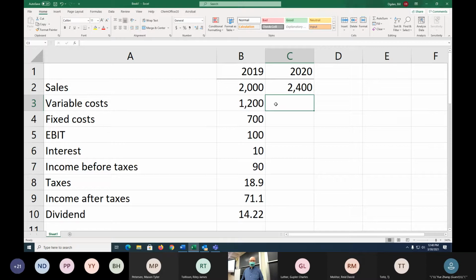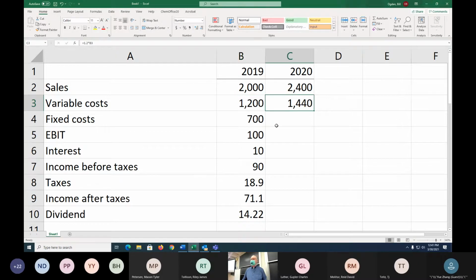All right, and then the variable costs, we will be assuming that stays the same as a percent of sales. So we'll just increase this by 1.2 and multiply it by 1.2. And then we have this notion of fixed costs that they're, quote, fixed.